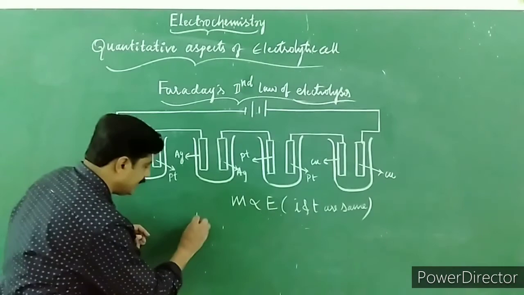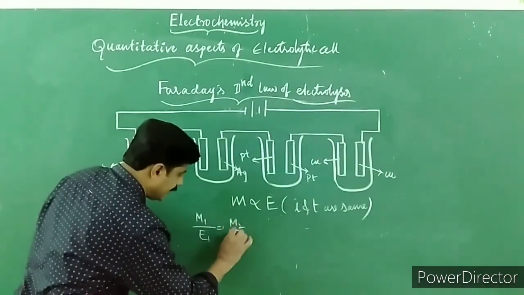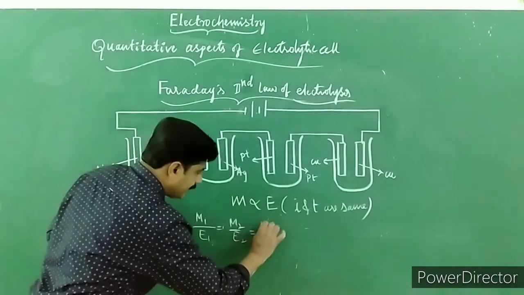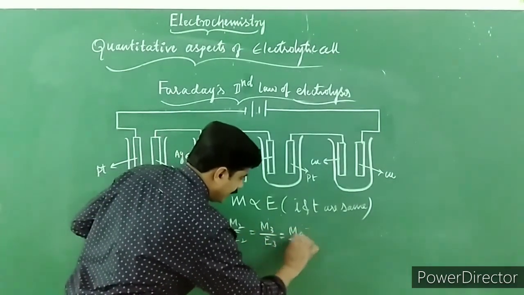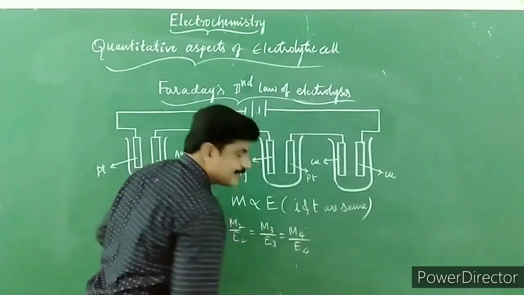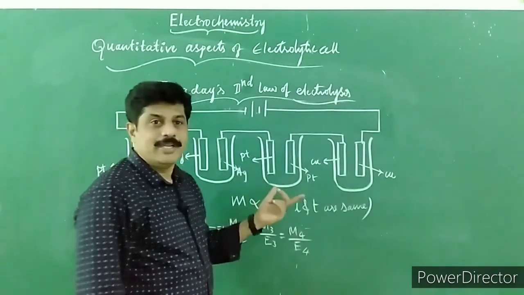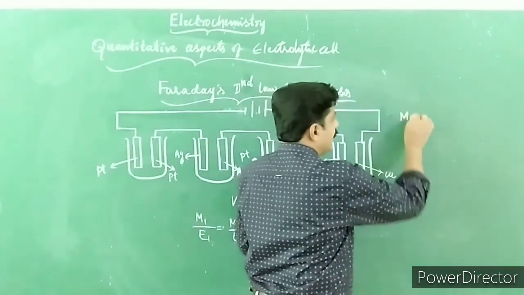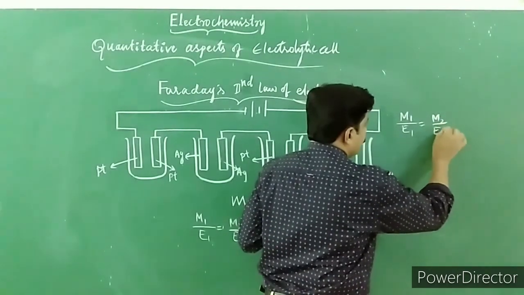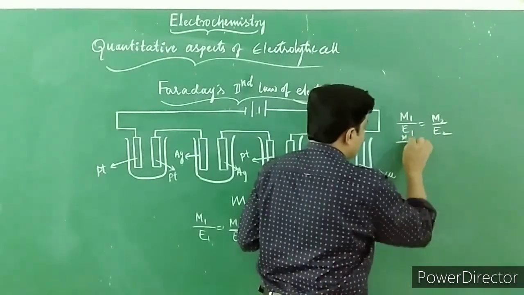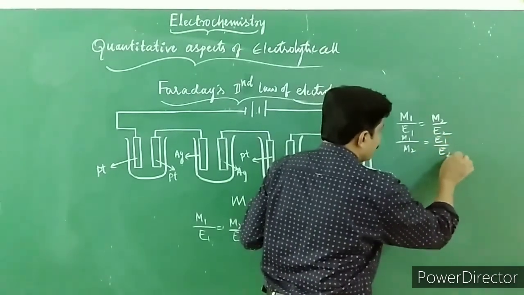In that case, look at here, m1 upon e1 is equal to m2 upon e2 is equal to m3 upon e3 is equal to m4 upon e4. Children, if you take only 2, then m1 upon e1 is equal to m2 upon e2, or m1 upon m2 is equal to e1 upon e2.